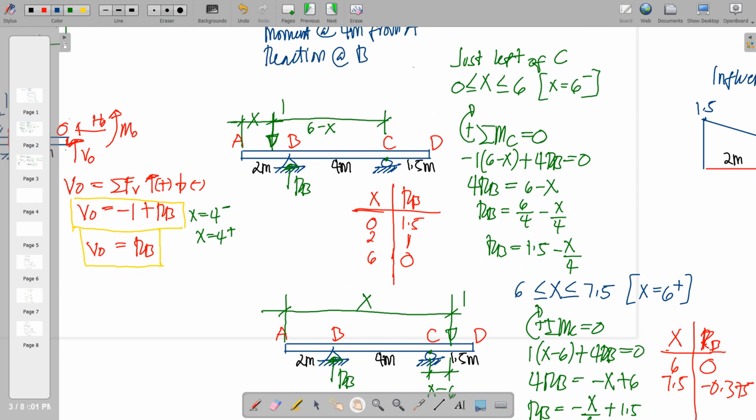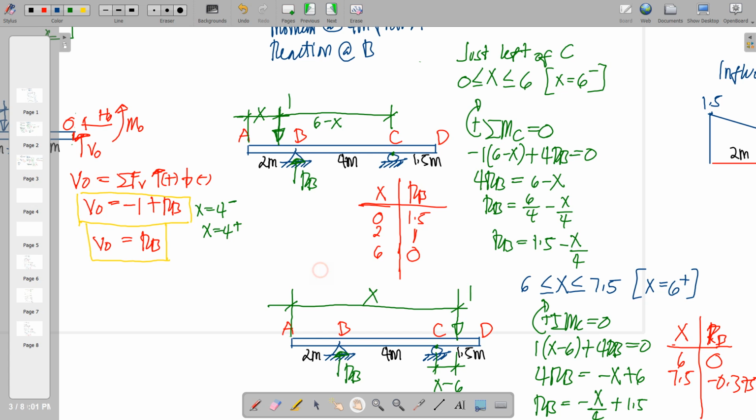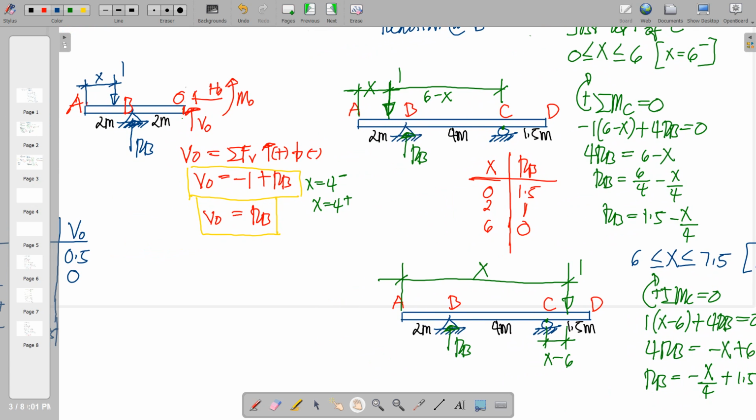So when x is equal to 4, 1.5 minus 4 all over 4, and 4 all over 4 is equal to 1. So when x is equal to 4, your RB will be equal to 0.5.